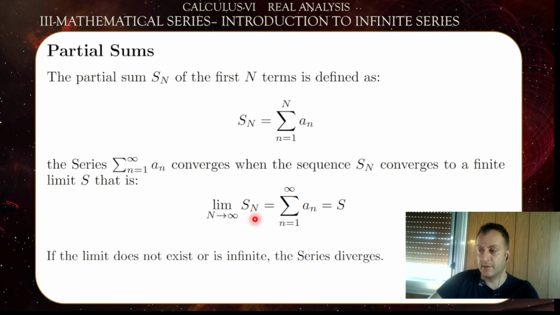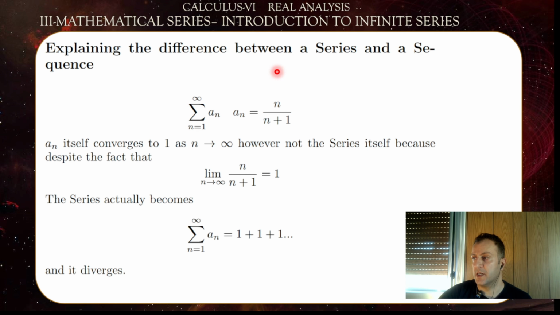That is, the limit of Sn as n goes to infinity is equal to sigma n equal 1 to infinity of an equal s. So you have a finite limit value for the series. If the limit does not exist or is infinite, then the series diverges.